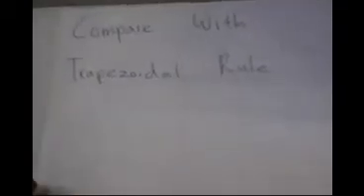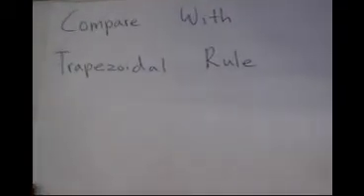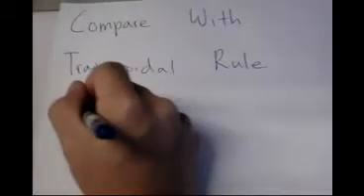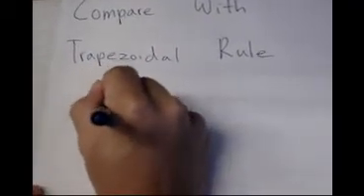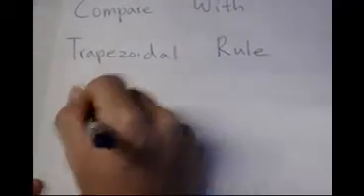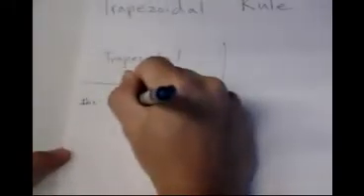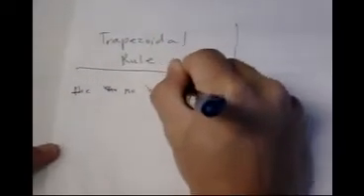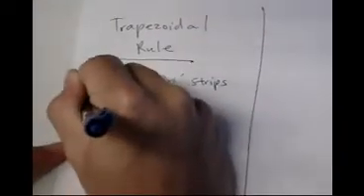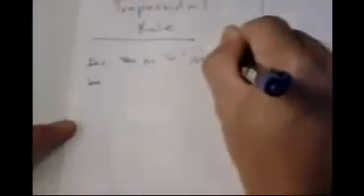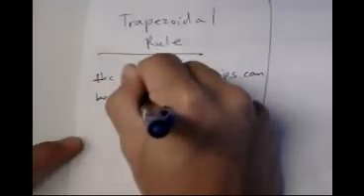Okay, now I'm going to compare trapezoidal rule with Simpson's rule. Firstly, trapezoidal rule. For trapezoidal rule, the number of n strips can be even or odd.